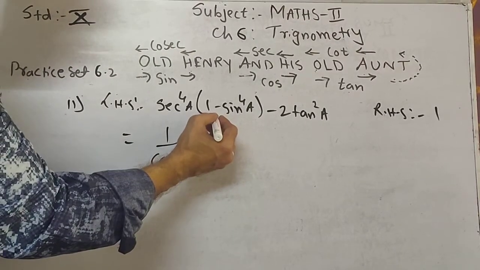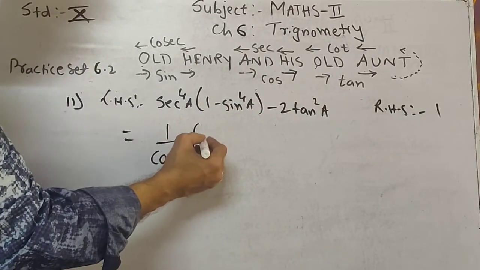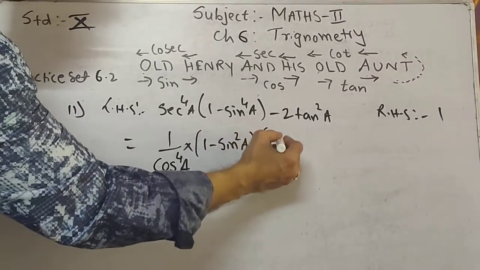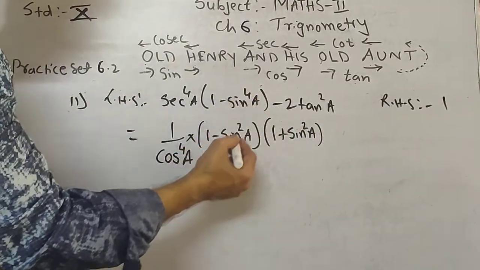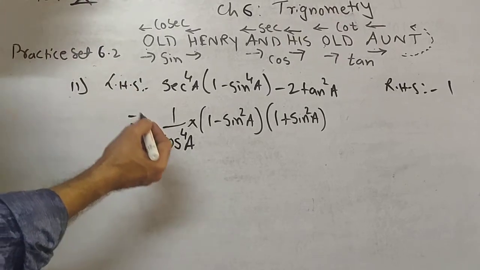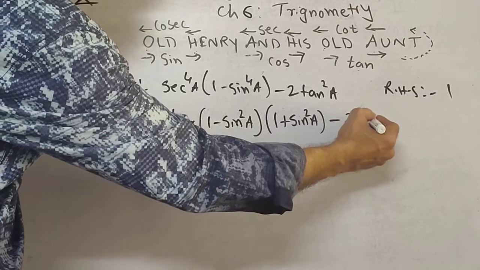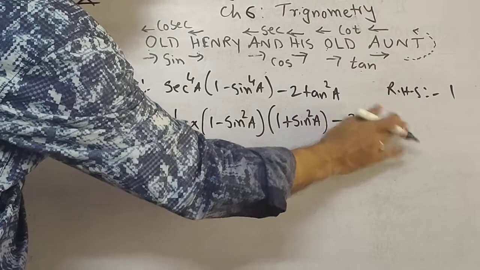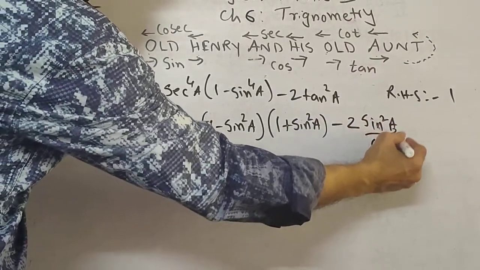This is in the form of a square minus b square, so I will write 1 minus sin square a, 1 plus sin square a. 1 minus sin 4a means (1 minus sin square a)(1 plus sin square a), minus 2 tan square a. You know tan is sin upon cos, so 2 into sin square a upon cos square a.